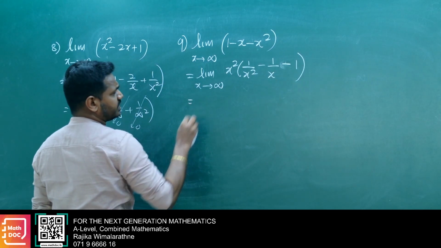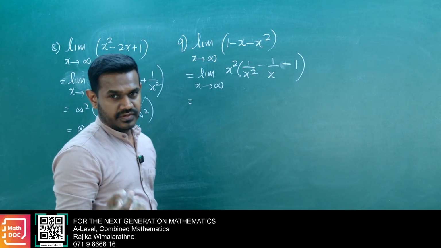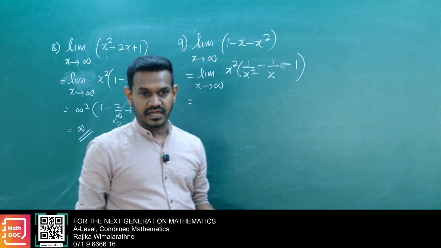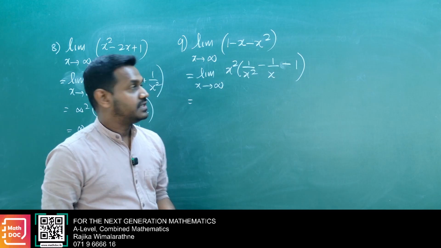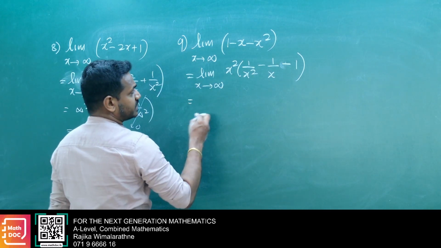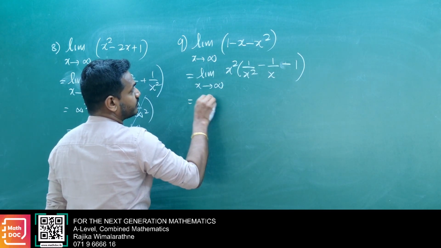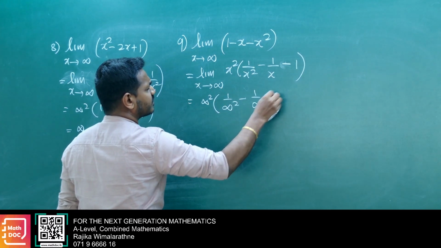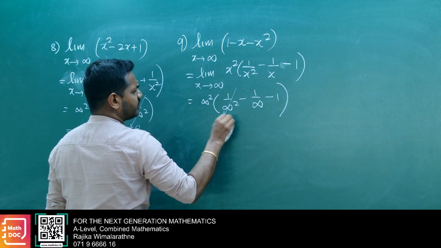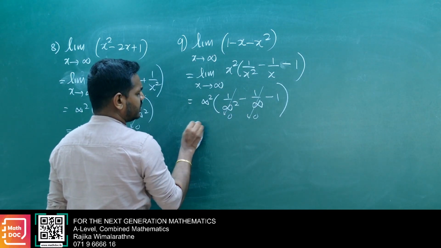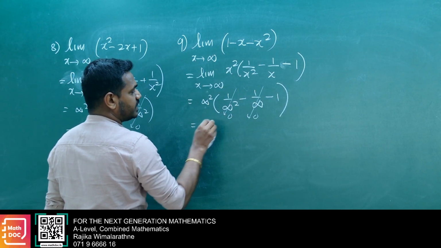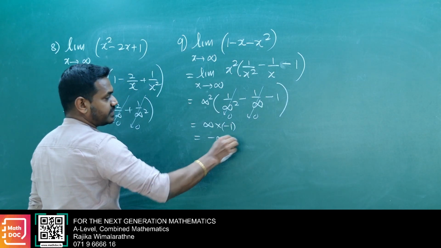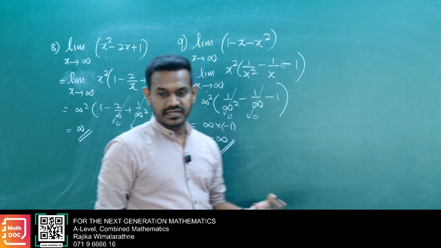Before taking it outside, when we substitute, we get undefined expressions. That's why we take the maximum power term outside. Now substitute. Here 0, here 0, infinity square is infinity times minus 1. Then the answer is minus infinity.